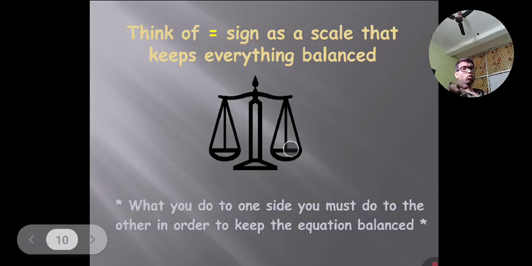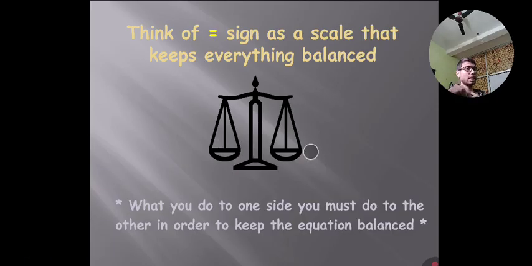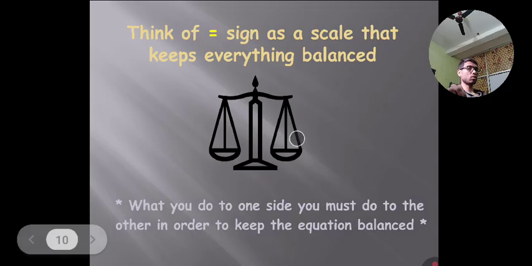If you keep one book on one side only, this would be unbalanced. This side is empty, and here you put a book. What will happen? This will come downward. It will tell you that this has more mass. But when you keep another book on the other side, both will be equal. This is how it works.